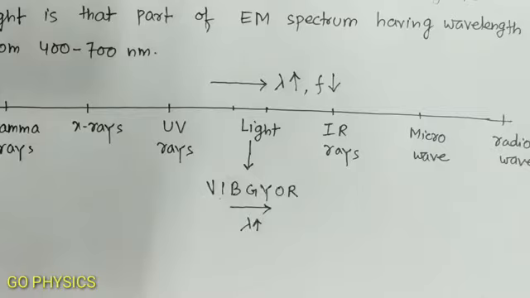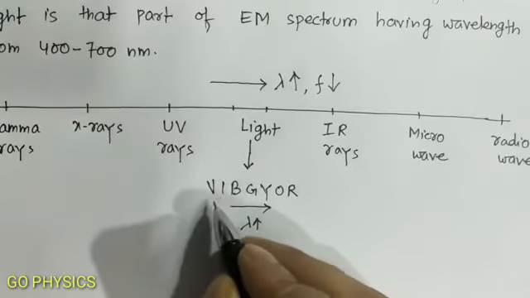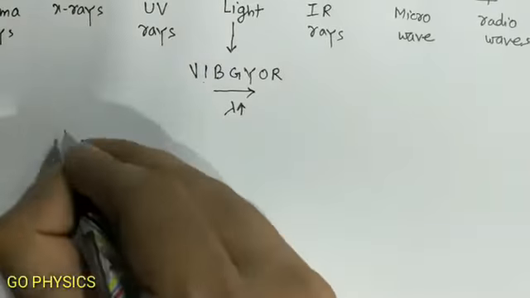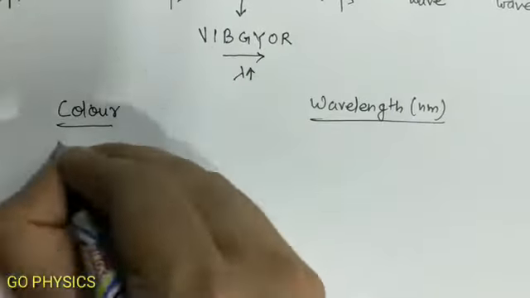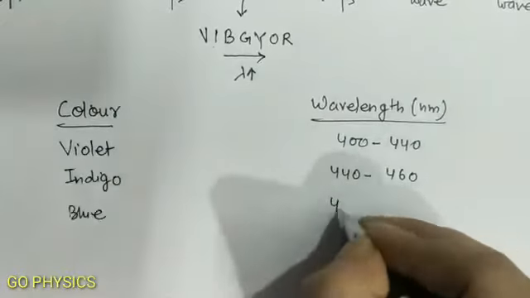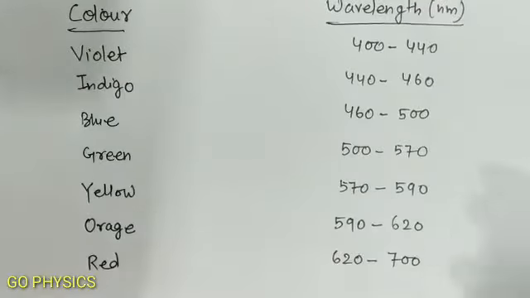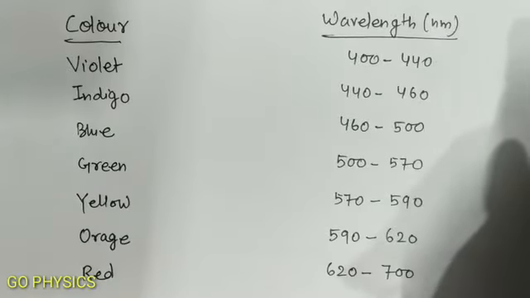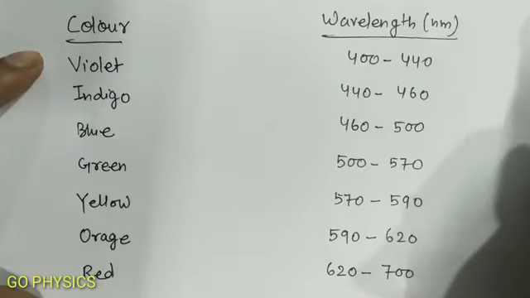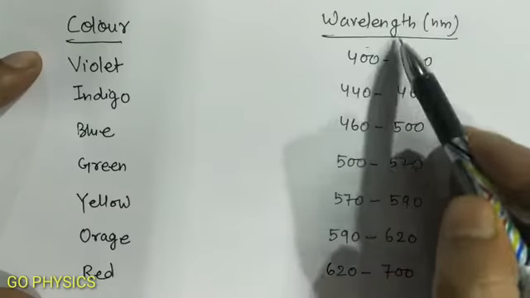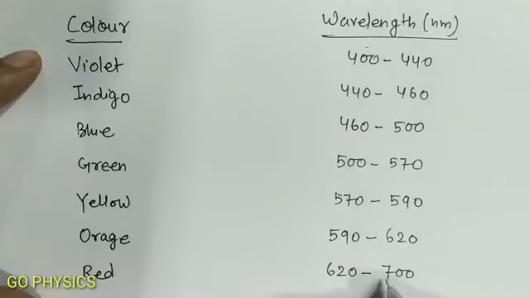Now we are going to see what are the different wavelengths of the particular colors. So from here we can see that the visible part, that is VIBGYOR, of the spectrum has a minimum wavelength of 400 nanometer and maximum wavelength of 700 nanometer, and that is for red color.